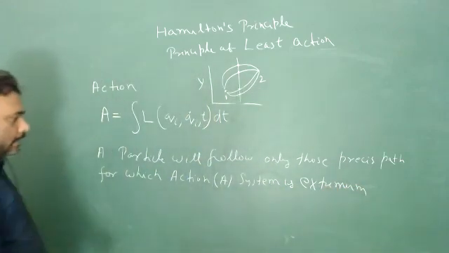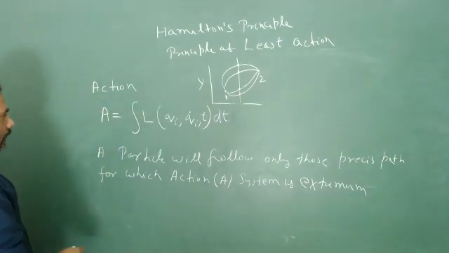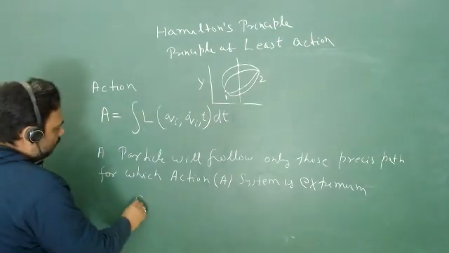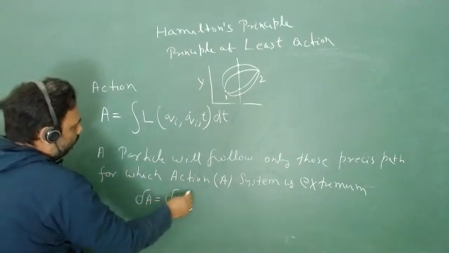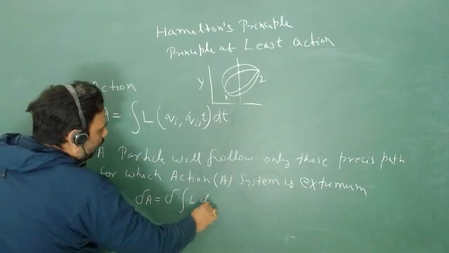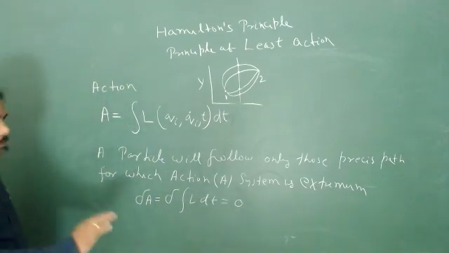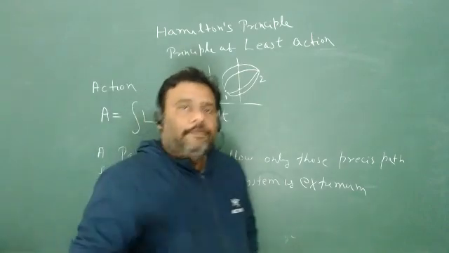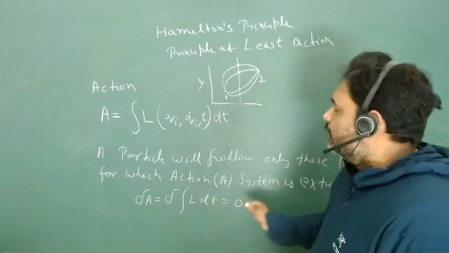What is the meaning of that? The particle will follow that path for which the variation of A, or you can say the variation of the integral of L dt, must be equal to 0. So the particle will not follow every path. It will follow those paths for which the variation is equal to 0.